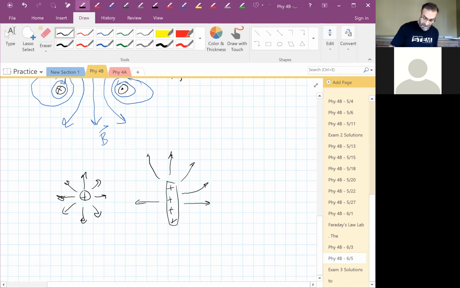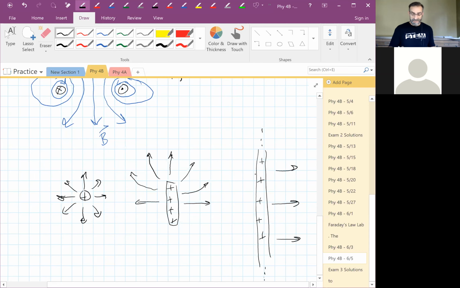Then at the ends, it kind of looks more like the point charge, right? But then as we spread that out more and more, if we make it infinitely long, then the electric field becomes uniform, right?